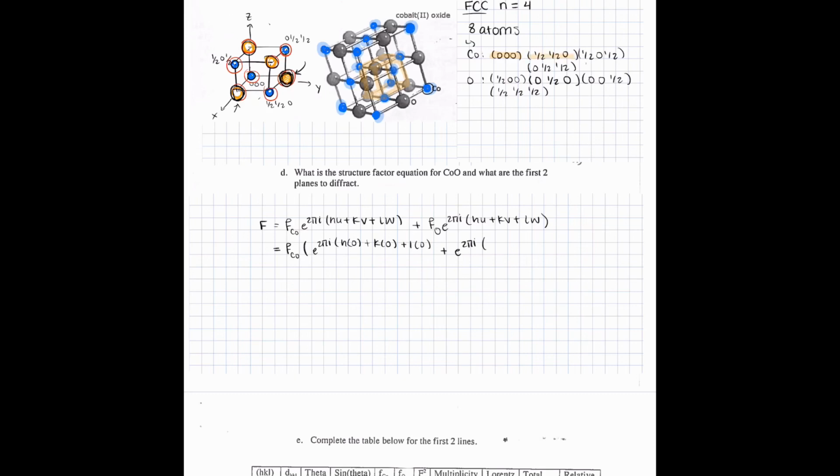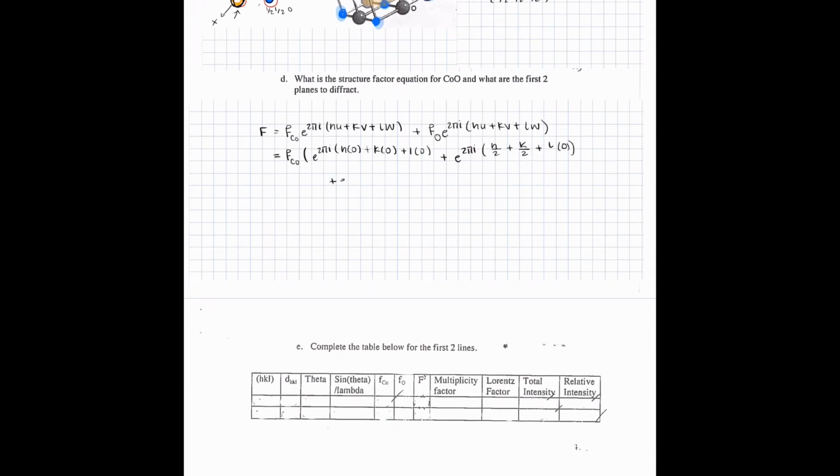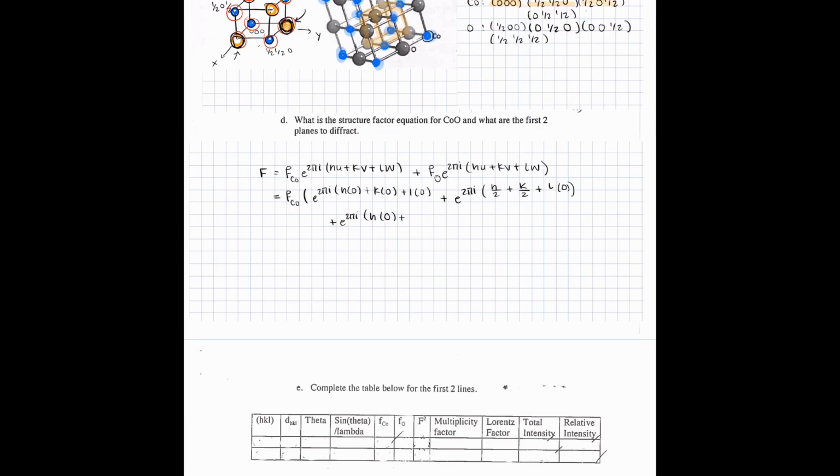Next point, 1/2 1/2 0. h over 2 plus k over 2 plus l times 0. These are, by the way, our u's, our v's, and our w's. So that's why I'm multiplying them, as I said I would do here. Right, next one. e to the 2 pi i h times 1/2 plus k times 0 plus l times 1/2.